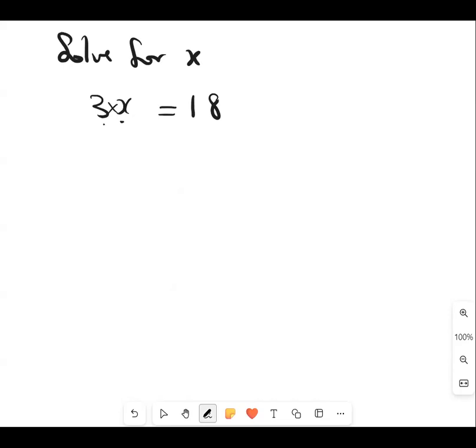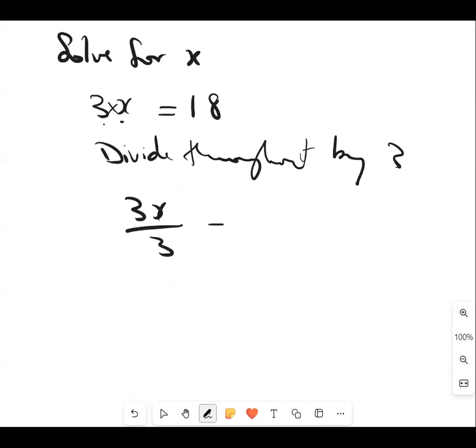So what we need to do here is divide throughout by the 3 to get rid of it. So divide throughout by 3 and you get 1. That will go with that. We end up with x equal to 6.